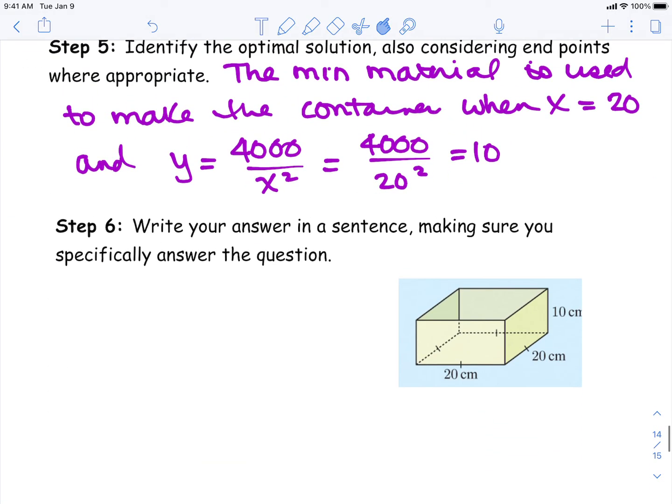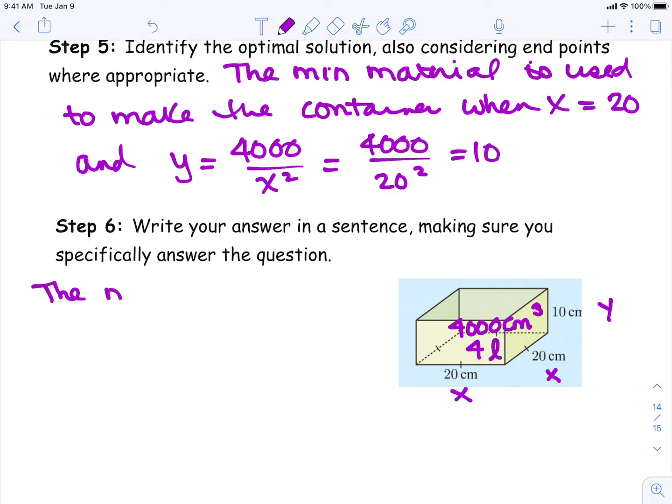So what is the optimal shape? Well, this was my x, and this is my x, and that's my y. That is going to be the shape of our box that will have the minimum volume of 4,000 centimeters or 4 liters.